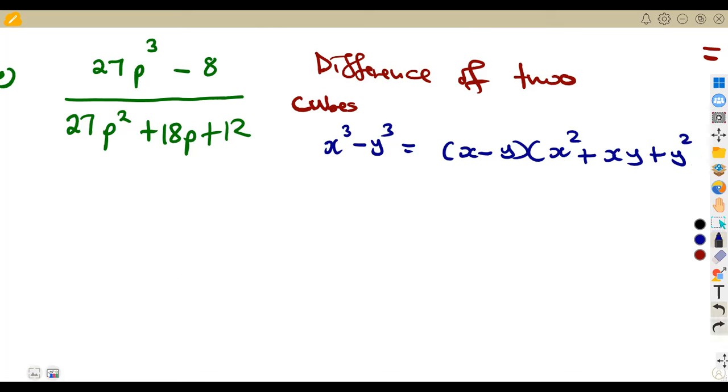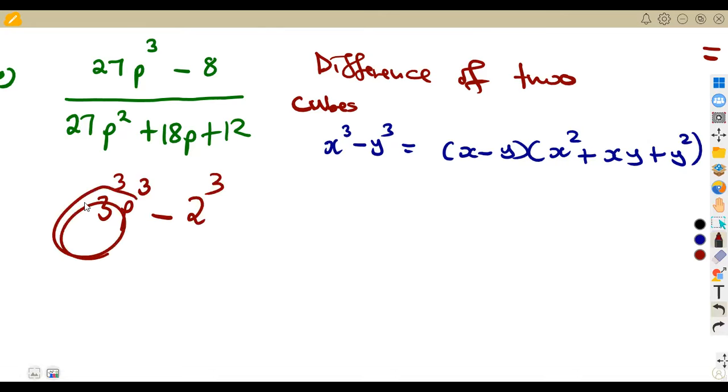Now that we know this, it means we can write 27p to the exponent of 3 minus 8 in this way, because we have 27, which can be written as 3 to the exponent of 3, and we've got p also being raised to the exponent of 3, minus 2 being raised to the exponent of 3.